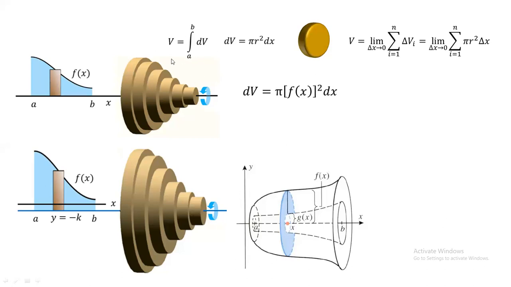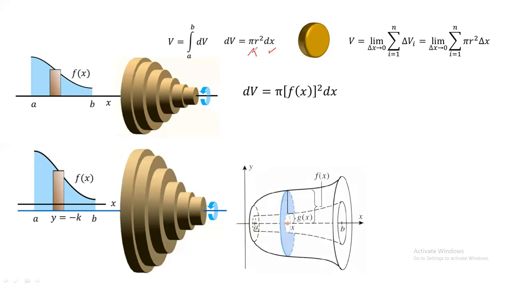Here, if you determine the volume, it would be dV. And since we talk about the disc, the volume would be the circular area of the face of the disc times its thickness. Okay, so that thickness of the disc, you can see, is this dx.